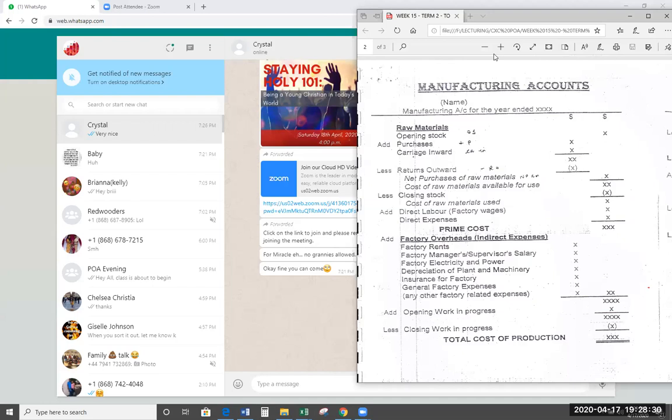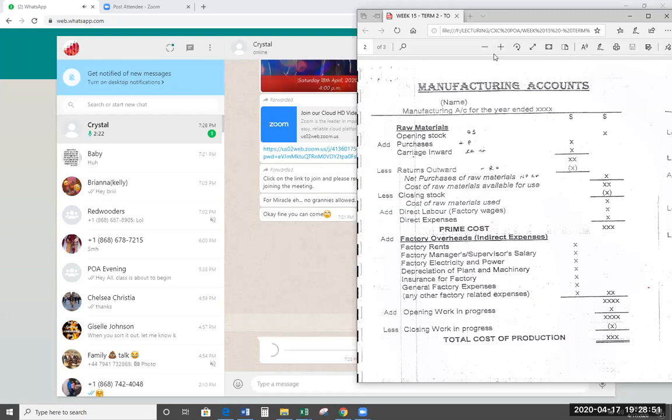Like for example, we used Colgate in the beginning, we used Carib, even the people who actually make the clothes to sell, like Chinese companies. Their cost of production to produce the item goes under the manufacturing account. This manufacturing account needs to be done before you start your P&L account and your balance sheet.